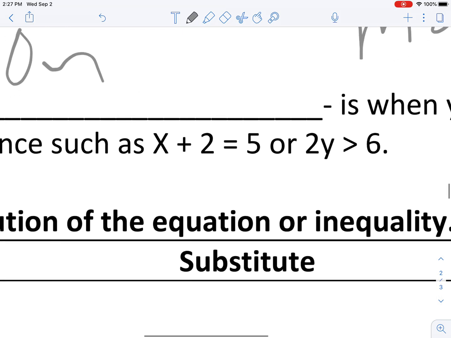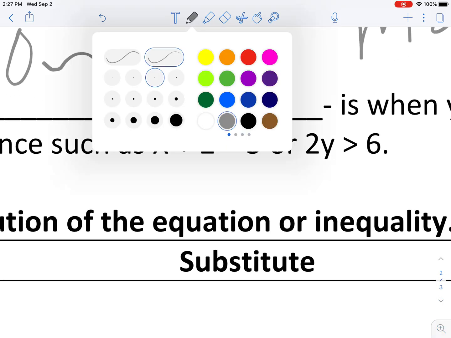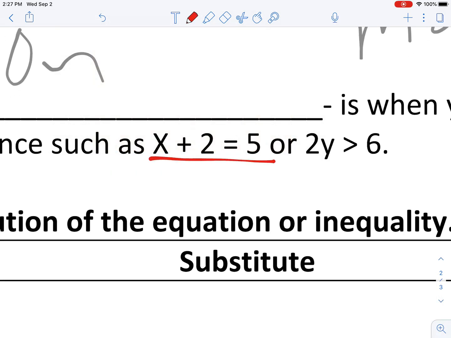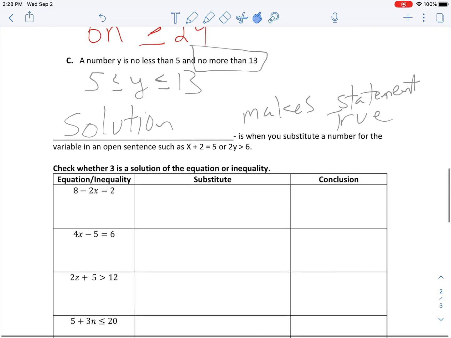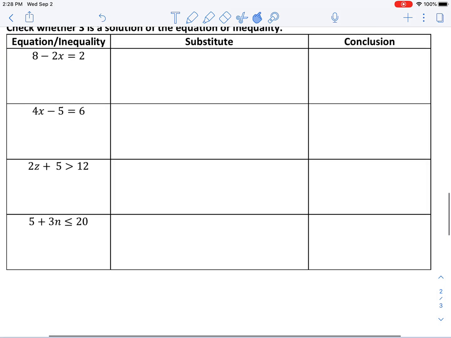For example, for this statement to be true, the only number that would make x plus 2 equal to 5 would be 3. Okay, so 3 would be a solution because when I substitute 3 in for x, I get a true statement. So I kind of like my definition a little bit better than the textbook's.